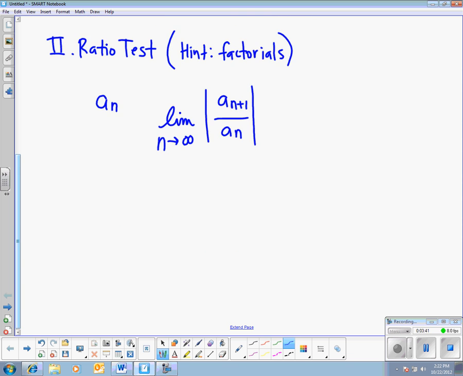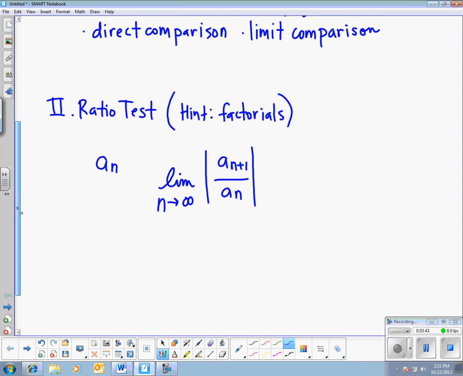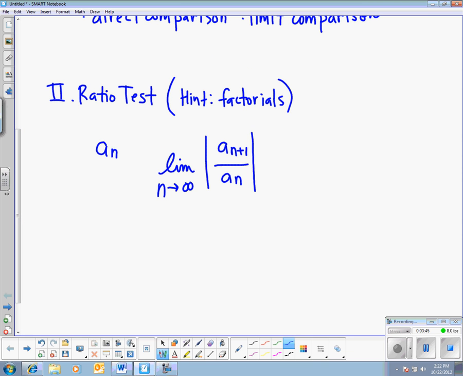And when I say a sub n plus 1, that's just kind of a formula for the next term. For example, if a sub n is 2n plus 3, then a sub n plus 1 would be 2 times n plus 1 plus 3, or 2n plus 2 plus 3, which would be 2n plus 5.